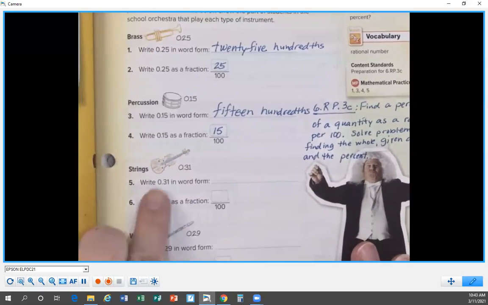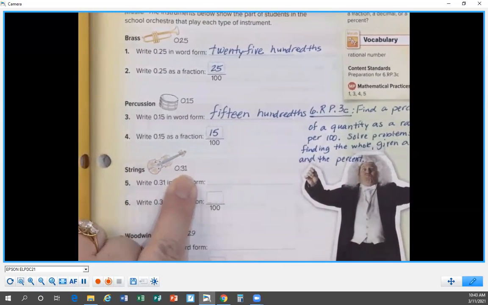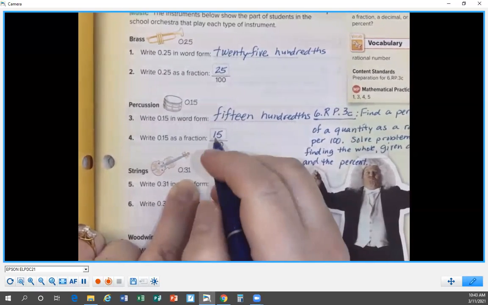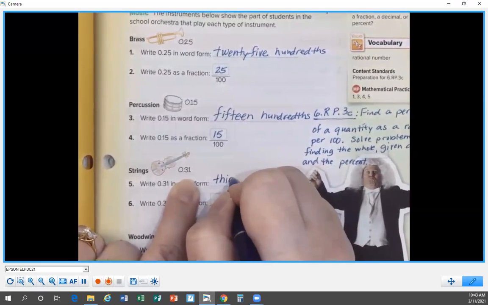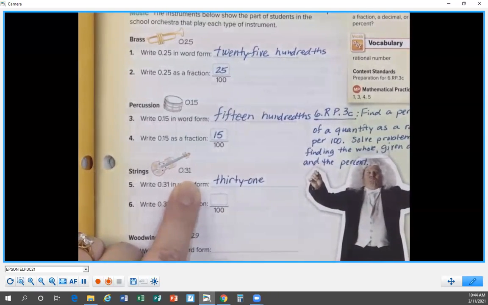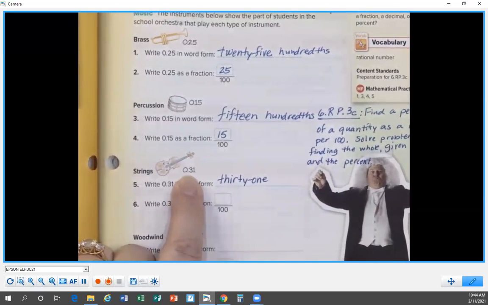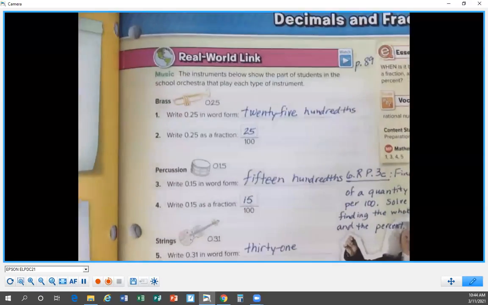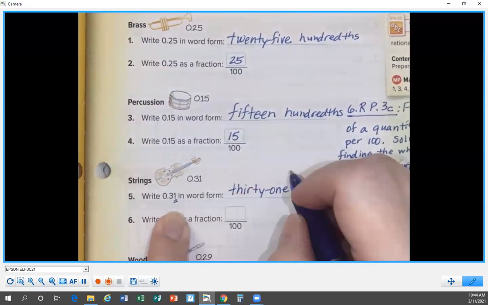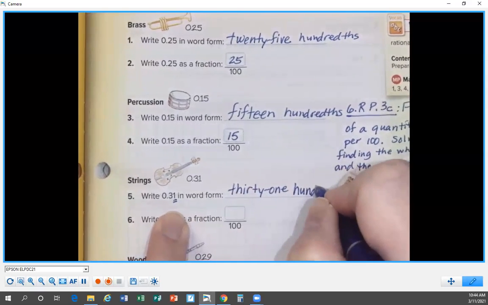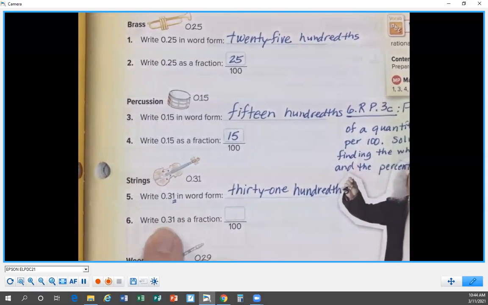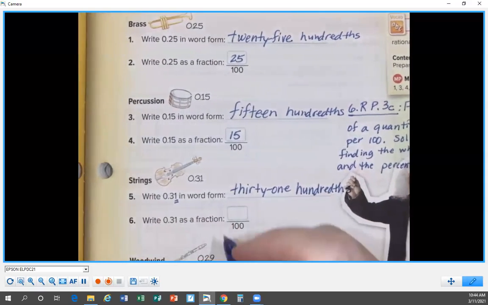Strings, we have 0.31. To write that in word form, we would ignore the decimal for a moment and write down the number 31, and then we write the last digit's place value. The 3 is in the tenths place, the 1 is in the hundredths place. So 31 hundredths, and to write that as a fraction, 31 over 100.